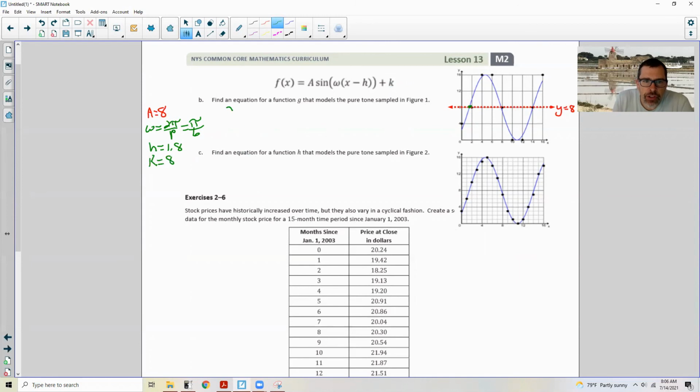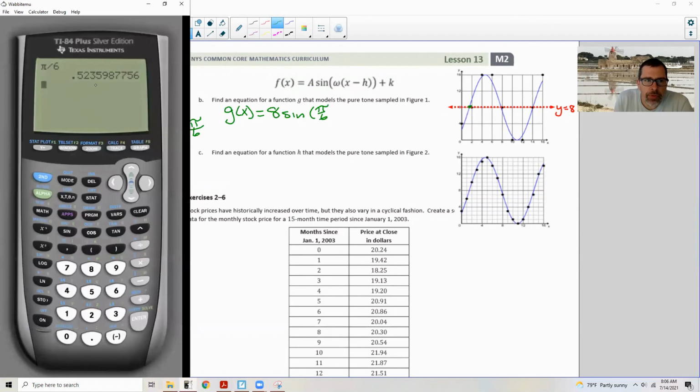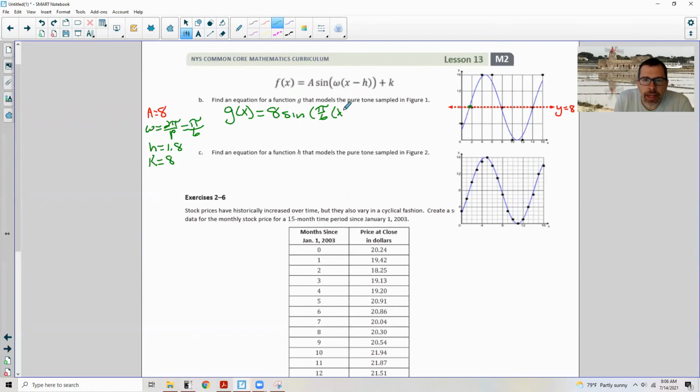So now my function g of x is going to equal, an approximation of course, 8 times the sine of omega, pi over 6. I'll just leave it in terms of pi. You could also have used the decimal, 0.5236, pi over 6 times x minus h plus k.